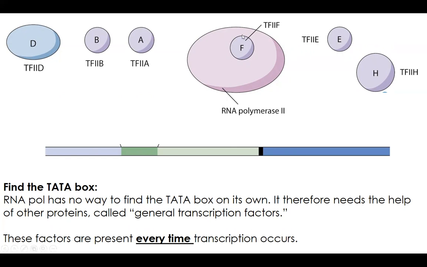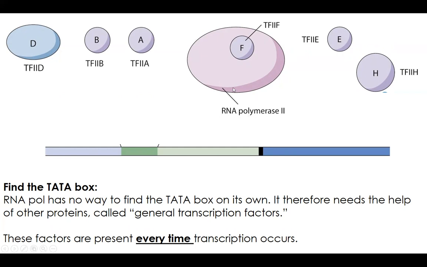The exception is the RNA polymerase. This is RNA polymerase 2, which is largely involved with creating messenger RNA, but in eukaryotic cells, there are a couple of other types involved with synthesis of different RNA types.